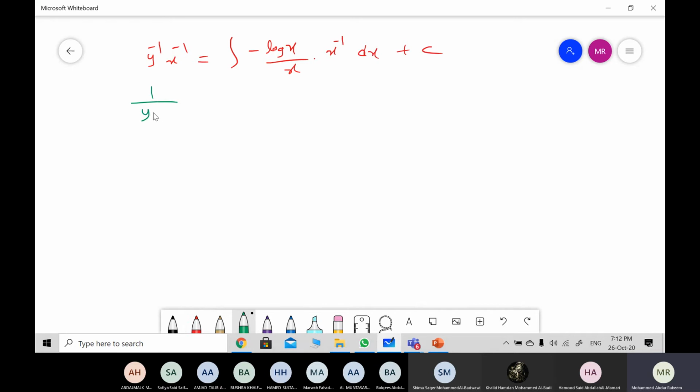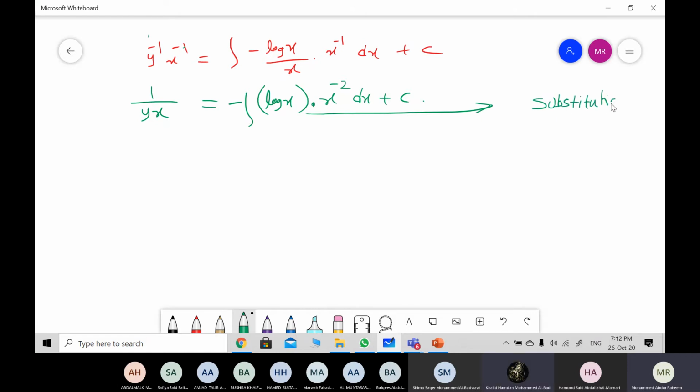Quite naturally 1 over yx, because the minus comes outside. This how much? X power. Wait, any idea? Multiplication.